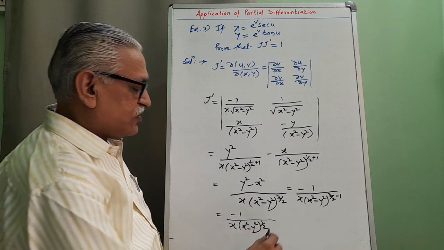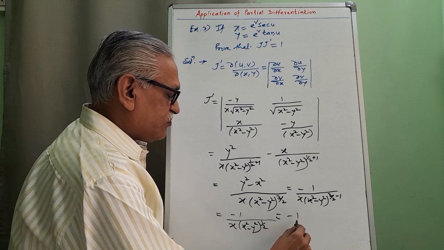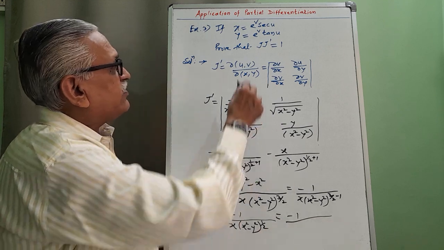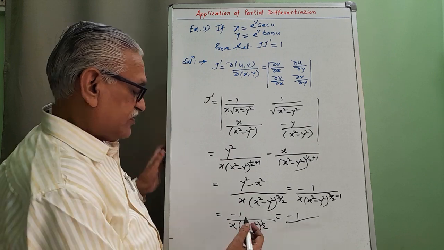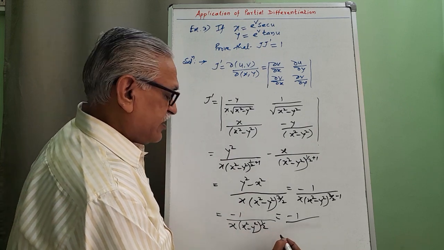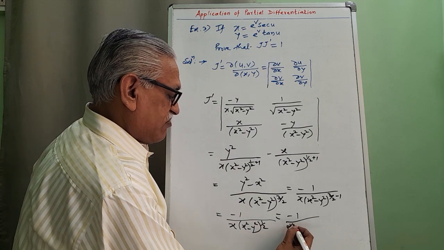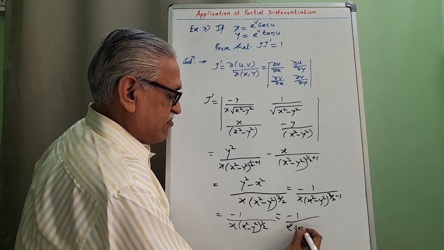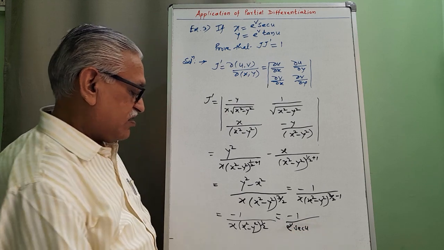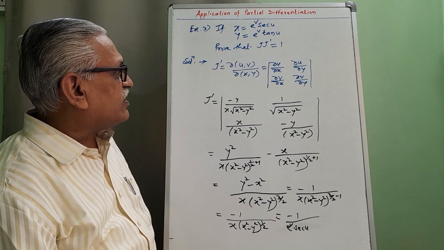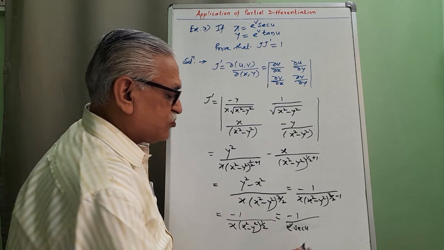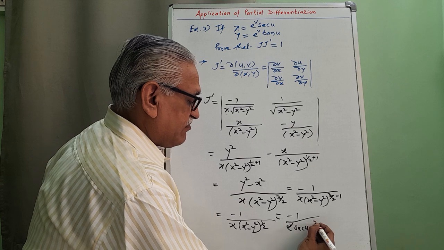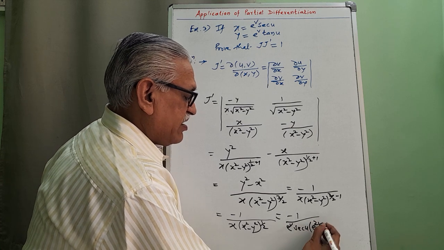And therefore, substituting the value, we get minus 1 upon x is e raised to v secant u, and x square minus y square is e raised to 2v and its square root.